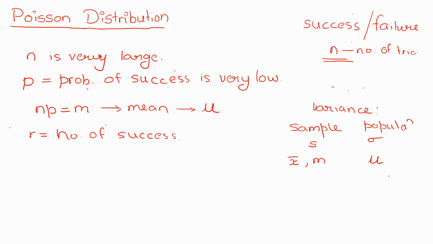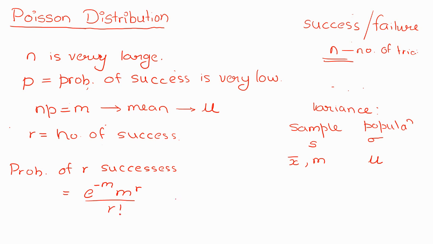Now in this case, the formula of my Poisson distribution is: probability of r successes is given by e raised to minus m, m raised to r, upon r factorial.